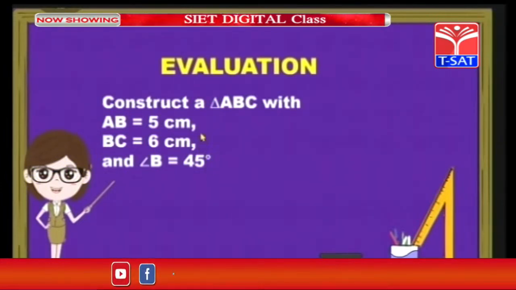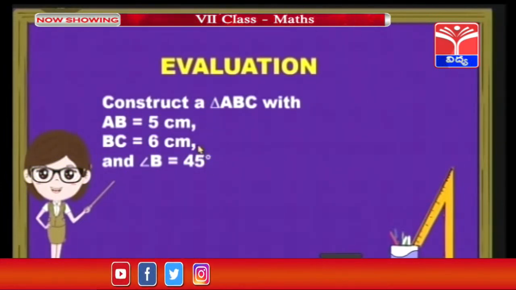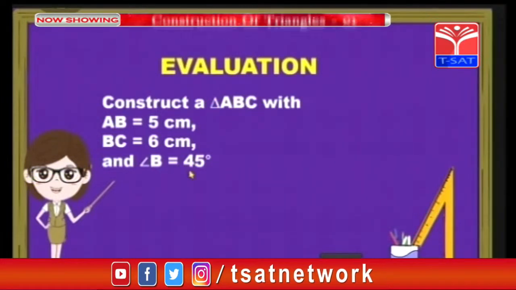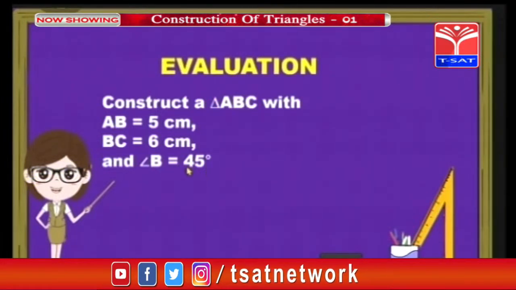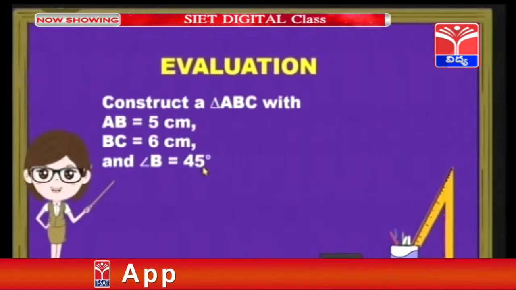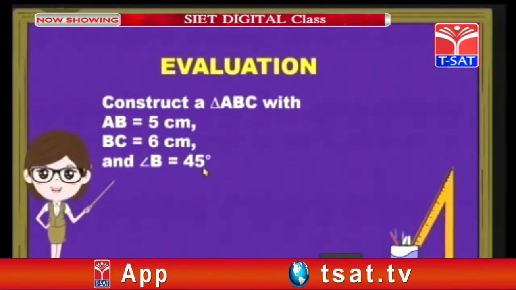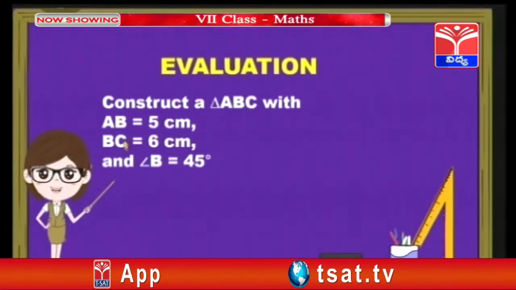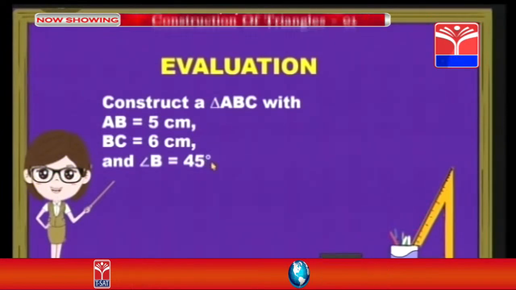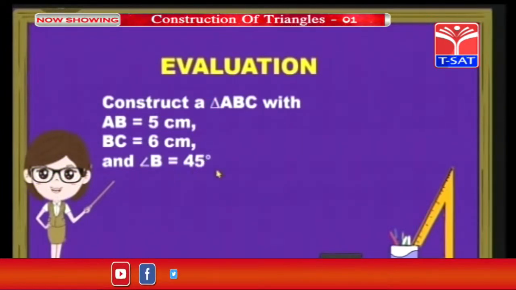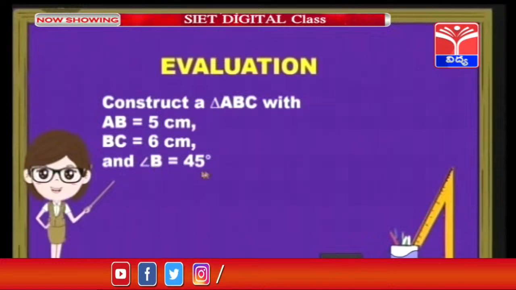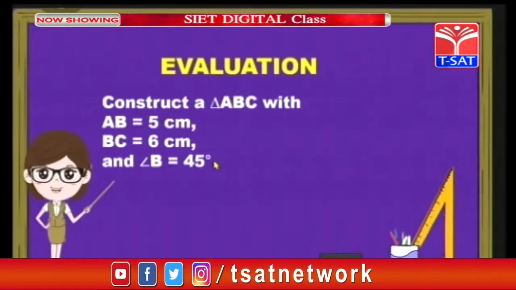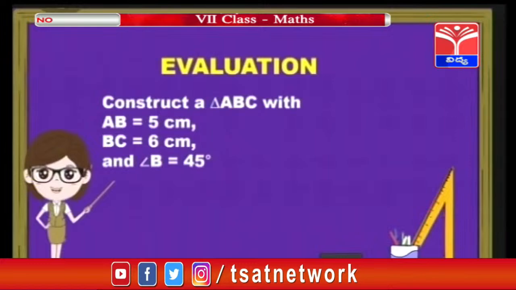So here we can use SAS and it is an acute angle. 45 degrees is less than 90 degrees, so it is an acute angle. So you can construct by using compass, scale and protractor. In this way we have to construct triangles by taking different situations.